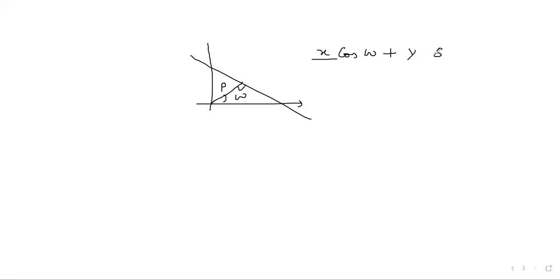Then normal form. Suppose this is a line, this is the perpendicular from the origin, its length is p, and it makes angle omega with the x-axis. In that case, x cos omega plus y sine omega equal to p.